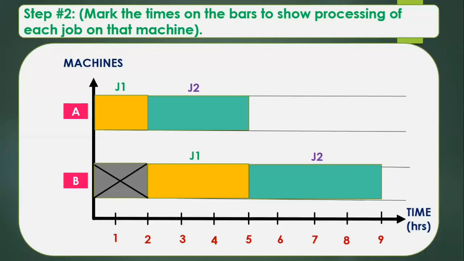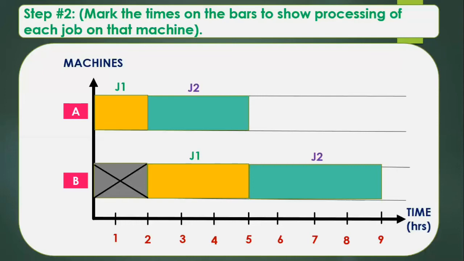So if we look at our x-axis, we have the origin 0 and then 1, 2. That means job 1 is processed on machine A within 2 hours, exactly. And remember, our ordering is AB.